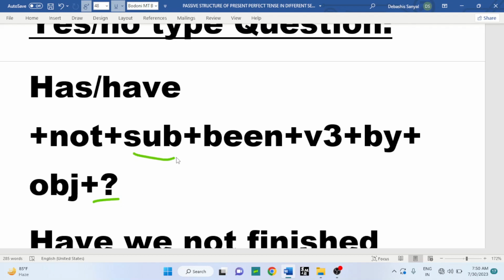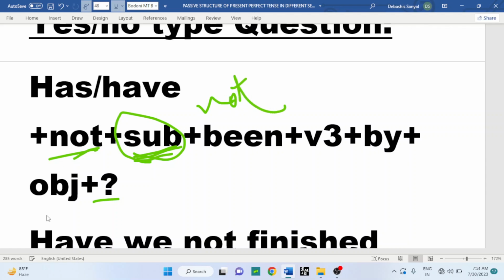But remember, if the subject is a noun, then not must be placed before the noun. Or if the subject is a pronoun, suppose I, he, they, she, etc., then the subject will be placed after the pronoun, then not will be there.